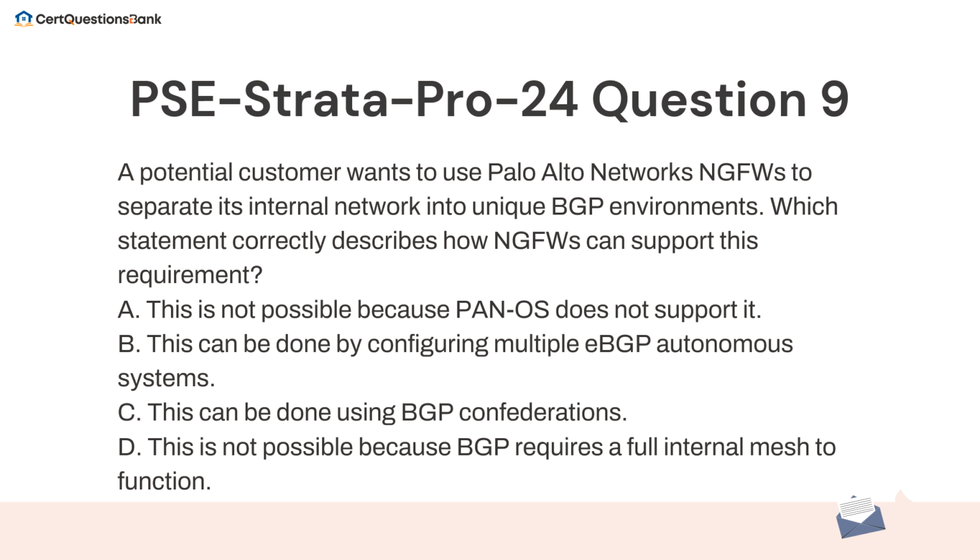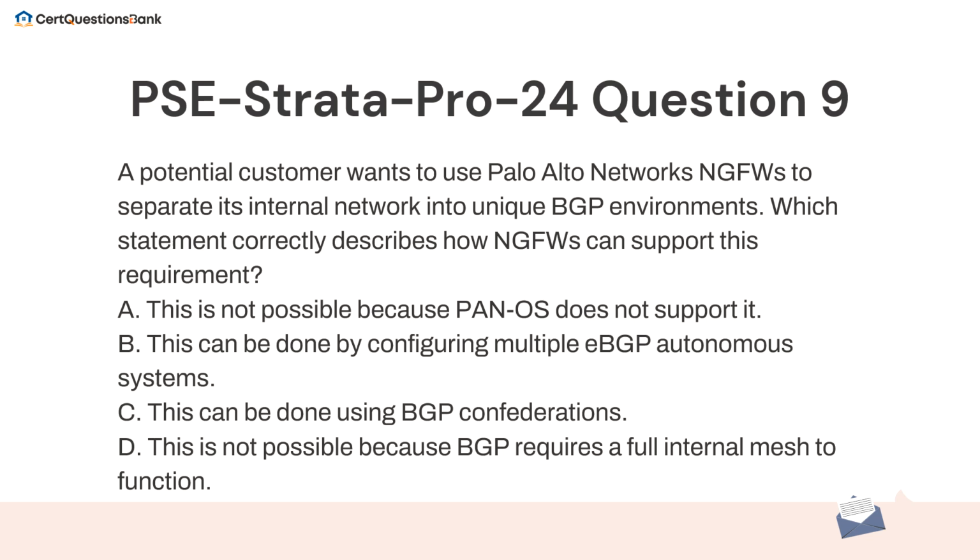A potential customer wants to use Palo Alto Networks NGFWs to separate its internal network into unique BGP environments. Which statement correctly describes how NGFWs can support this requirement? A. This is not possible because PAN-OS does not support it.